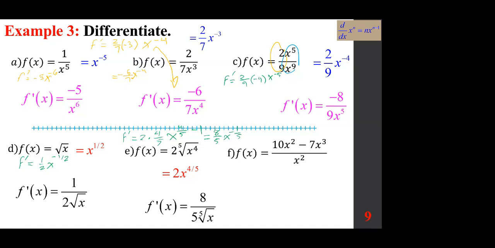When you're doing part F, I hope you realize because the denominator is one term, you can do the division. Even if it wasn't one term, it was like square root of x, you could still do that. So if I divide these two, it gives me 10. If I divide these two, gives me minus 7x. This is your algebraic technique.